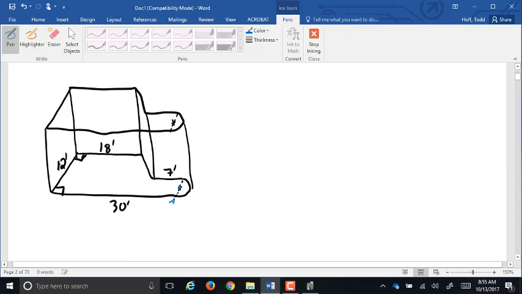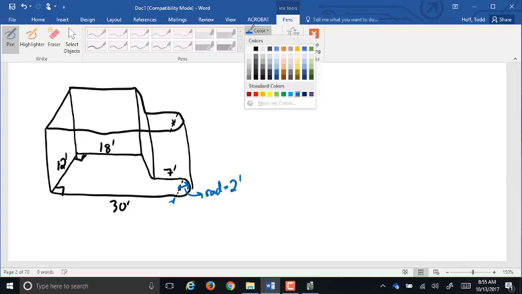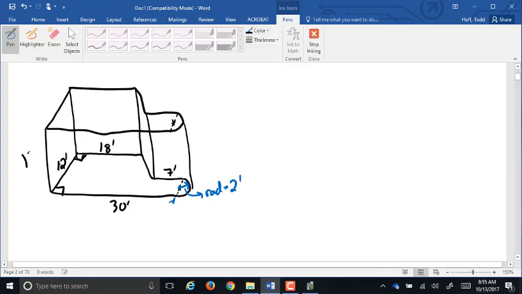Now the 30 feet goes to here, by the way, to the start of the circle. And we're going to go with a radius here of 2 feet. We're going to call this height 15 feet.